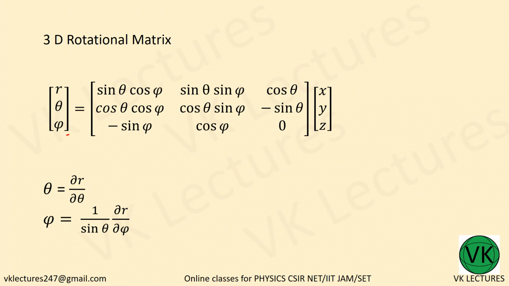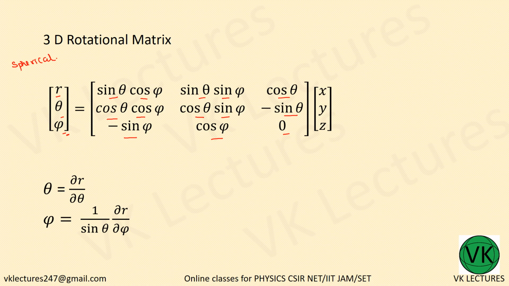That means in spherical polar coordinates we can write down the values of r, theta and phi as sin theta cos phi, sin theta sin phi, cos theta; cos theta cos phi, cos theta sin phi, minus sin theta; and minus sin phi, cos phi and 0, into x, y and z. Now this first row is sin theta cos phi, sin theta sin phi and cos theta.